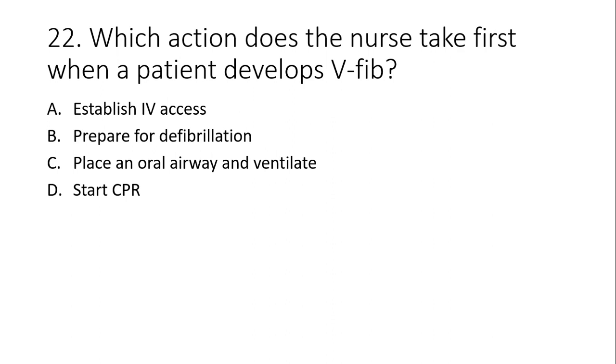But I know we just answered this question, but Jen talked about how you can easily miss it. If there were any other option for B, like start epinephrine IV, you're going to start CPR. But if defib is in the equation, that's what you're going to go towards.